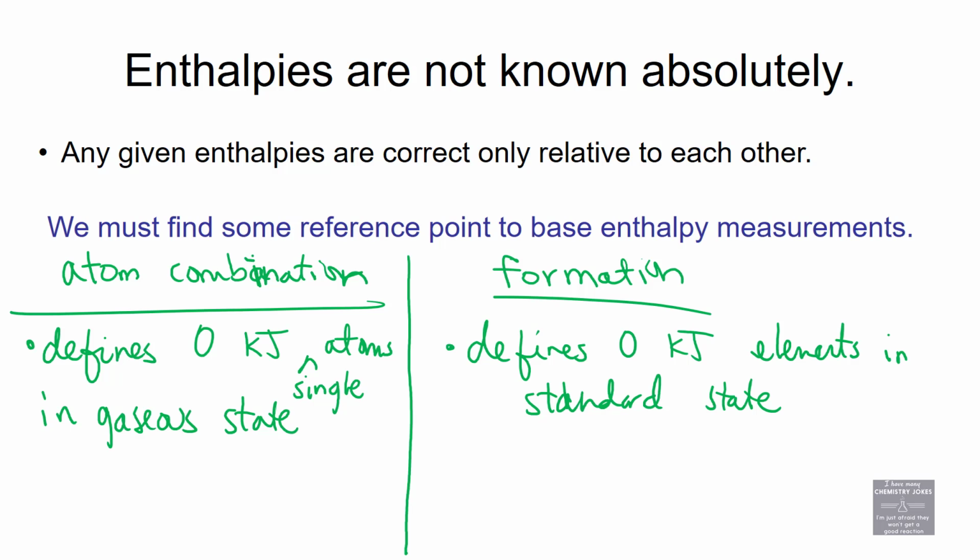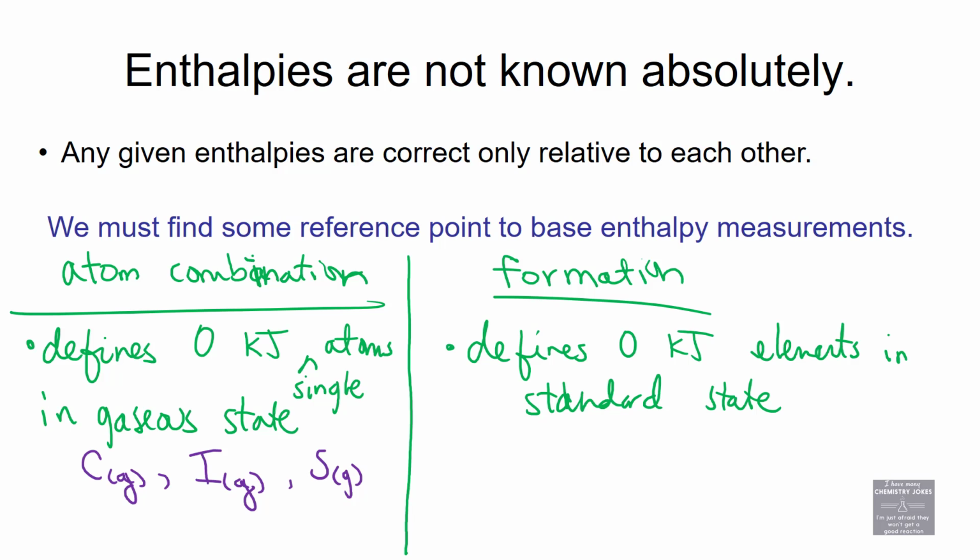It means in an atom combination table, you will find something like carbon as gas equals 0 kilojoules enthalpy. Iodine as gas will equal 0 kilojoules of enthalpy. Sulfur as a gas will equal 0 kilojoules of enthalpy.